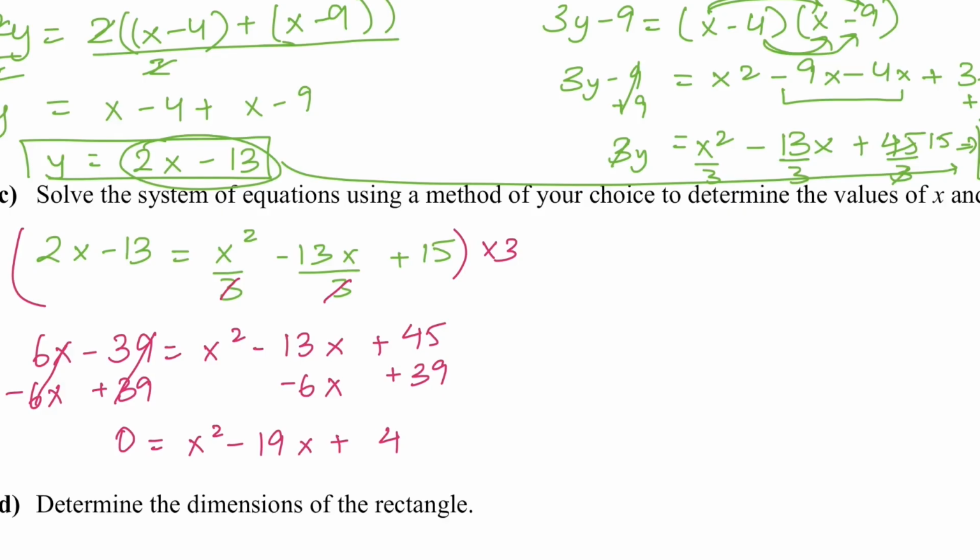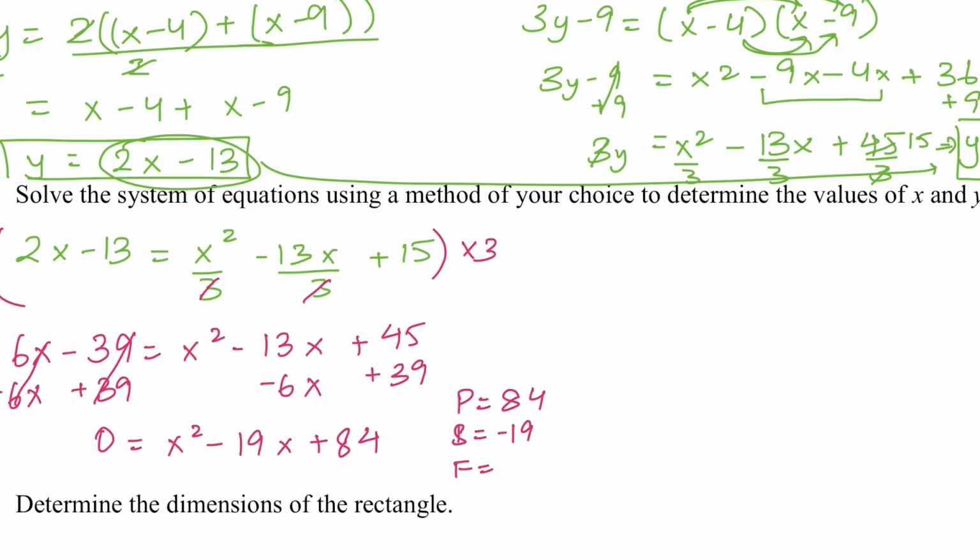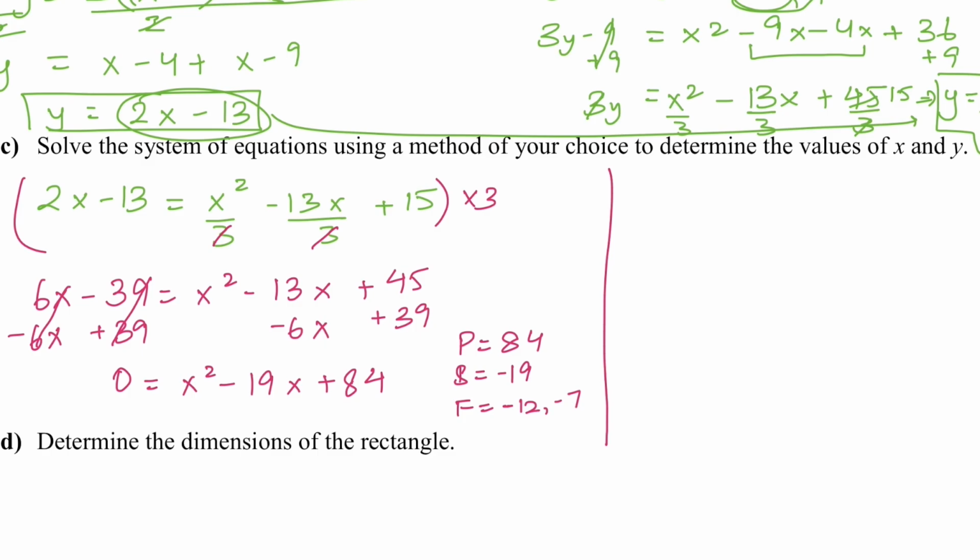What are the product and sum factors here? Product is 84. Sum is negative 19. Your factors will be negative 12 and negative 7. 0 is equal to x minus 12 times x minus 7. So x will be 12 and 7. Am I done yet?